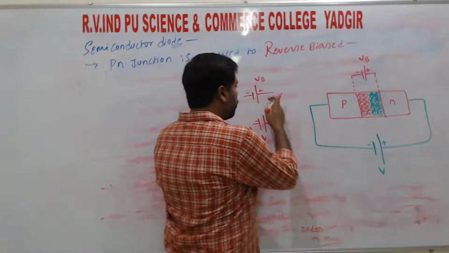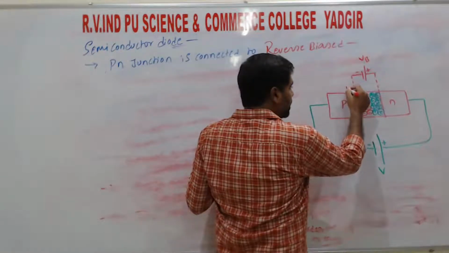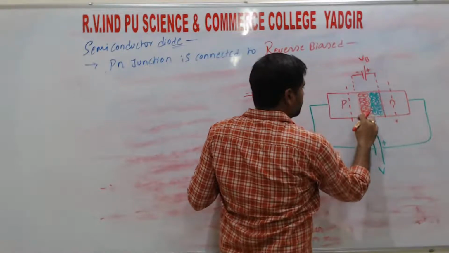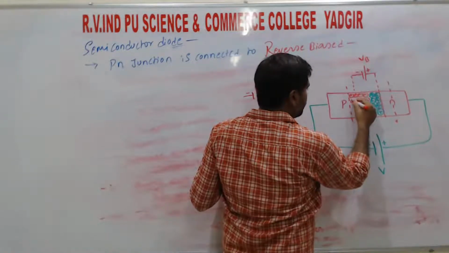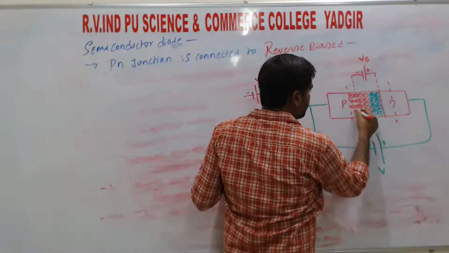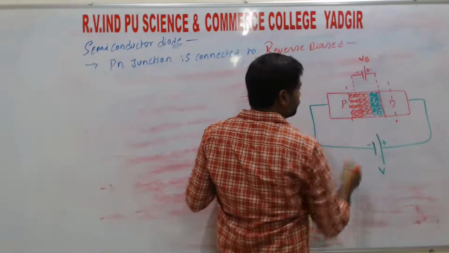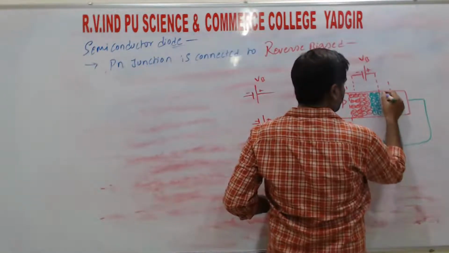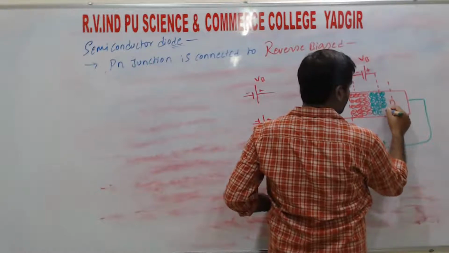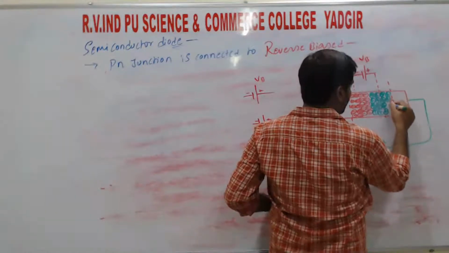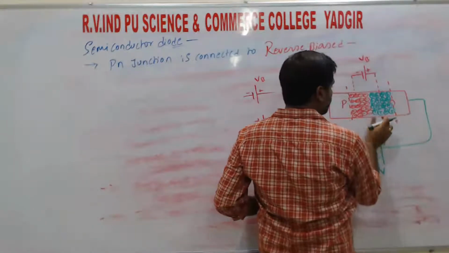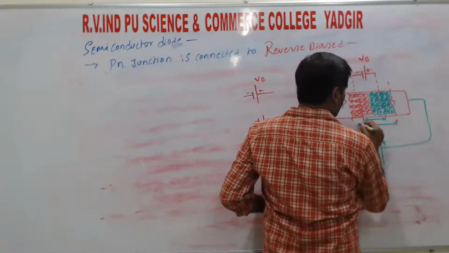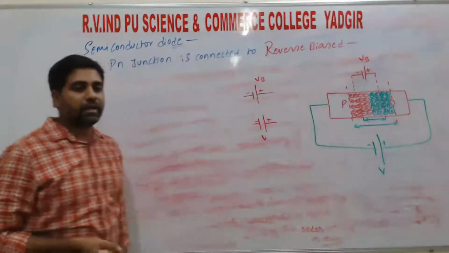But here both are in the same direction, so the depletion layer goes on increasing. Right? So initially we have the depletion layer here. When we apply the external voltage, the depletion layer increases, right?